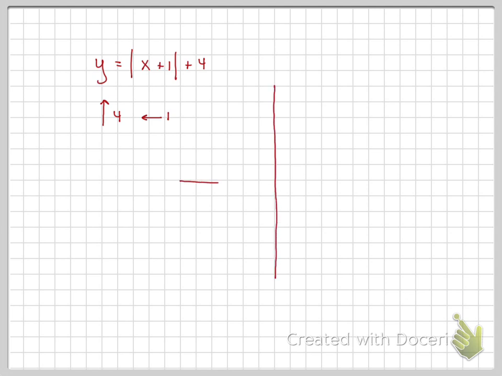So the origin is our original vertex. We'll move left 1, up 4, and replot our graph. Very, very simple.